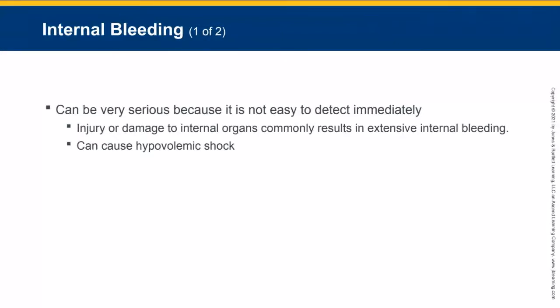Now let's look at internal bleeding. It can be very serious because it is not easy to detect immediately. Injury or damage to internal organs commonly results in extensive internal bleeding, which can cause hypovolemic shock. So your goal as an EMS responder is to pay attention to impact points on your patient and pay attention to cavities within the patient's body: the cranial cavity, spinal cavity, thoracic cavity, abdominal cavity, pelvic cavity.